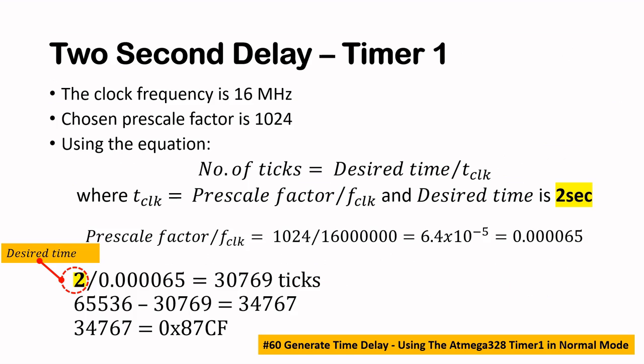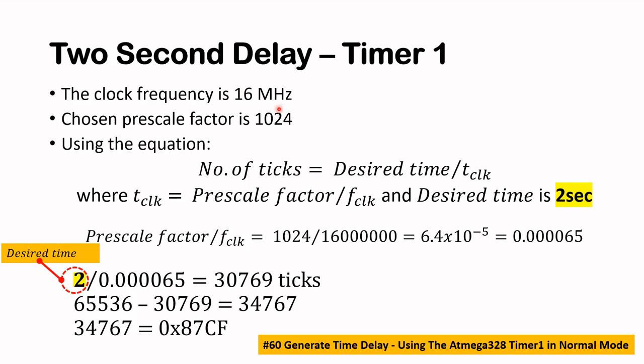Now for timer 1, the story would be slightly different because timer 1 is a 16-bit timer, whereas timer 0 and timer 2 are 8-bit timers.